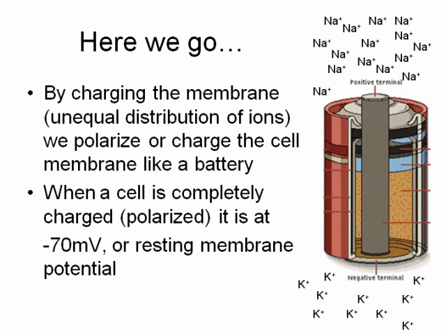Here we have a battery. We all know that batteries have positive and negative sides to them. That just comes with the territory. We can think of our polarized membrane as being almost like a battery. What allows a battery to conduct electrical current is the fact that it's polarized.